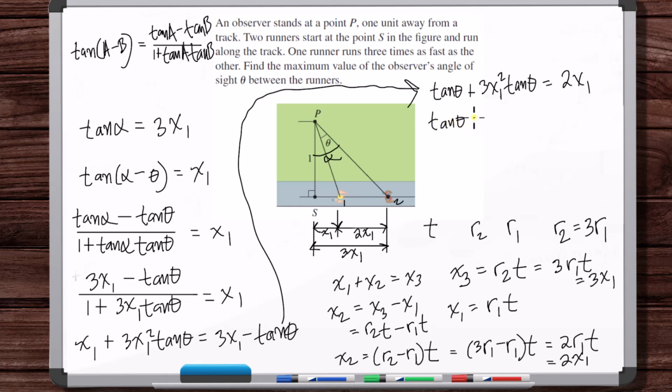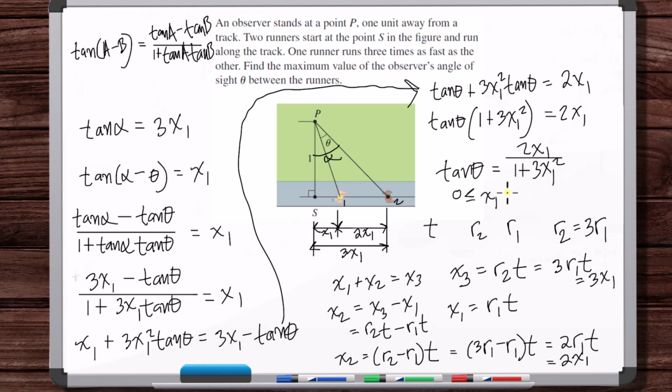Tangent theta times 1 plus 3x1 squared is equal to 2x1. So tangent theta is equal to 2x1 over 1 plus 3x1 squared. And what's the domain of x1? X1 could be 0, not less than 0, and go to infinity.